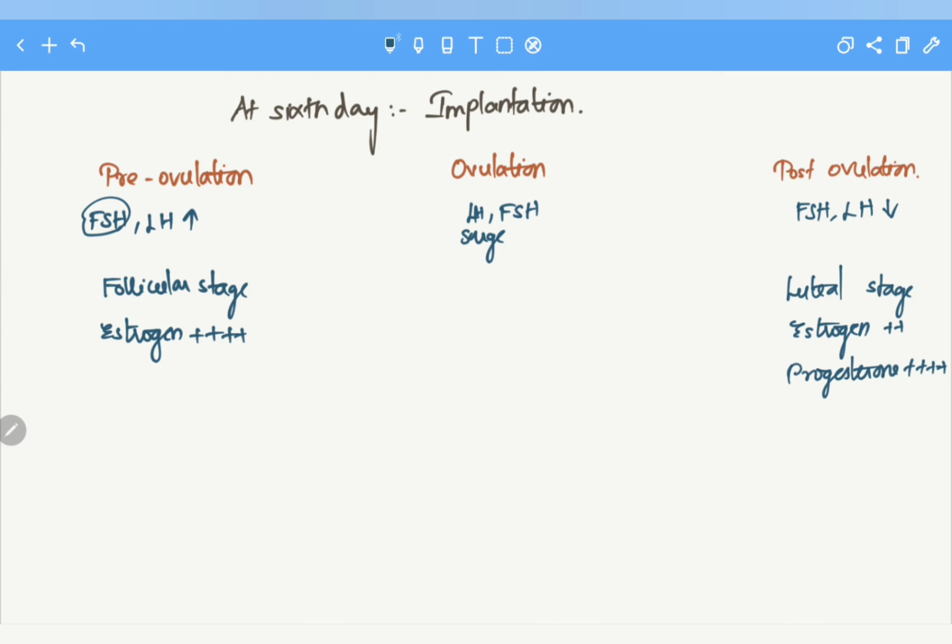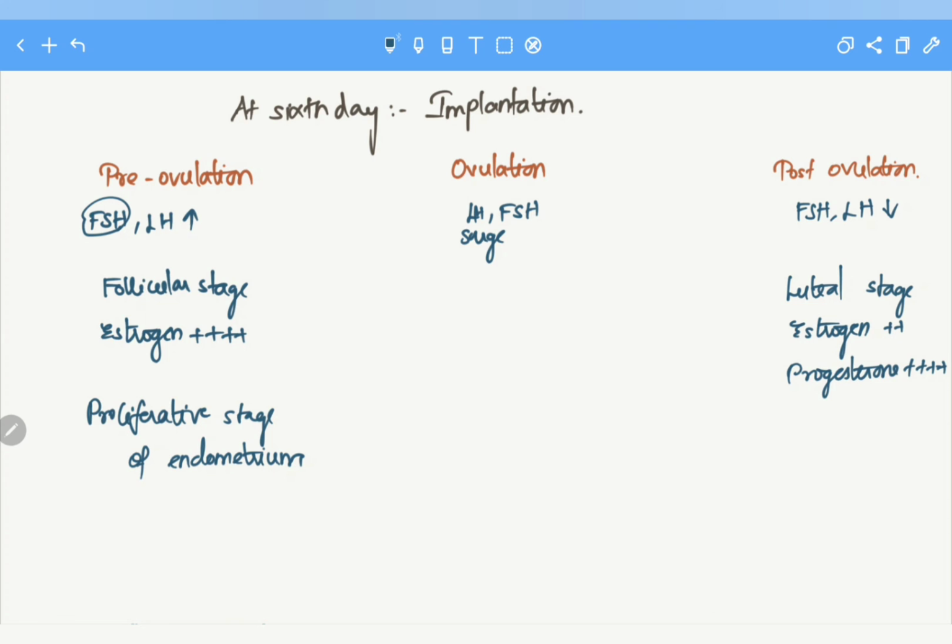So all these things together, what does this denote about the endometrium? The pre-ovulatory phase denotes the proliferative phase of the endometrium. That is, the endometrium is just proliferating. Once the menstruation has completed, the endometrium starts proliferating itself.